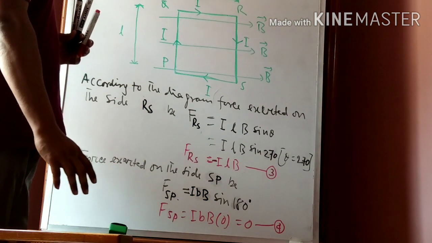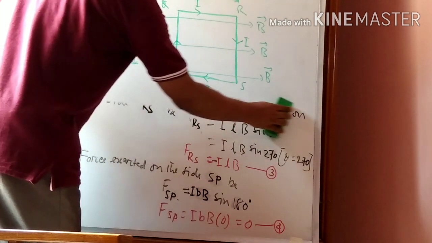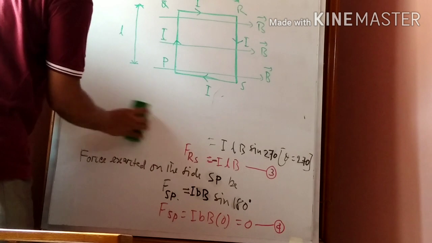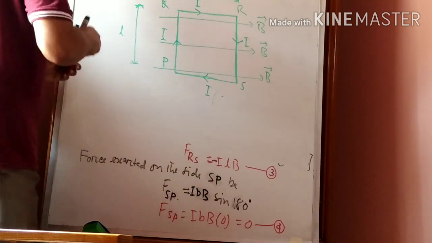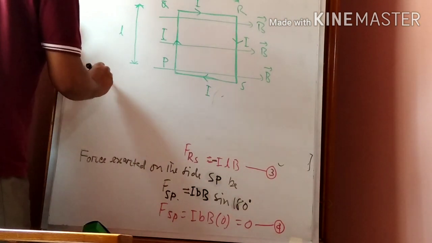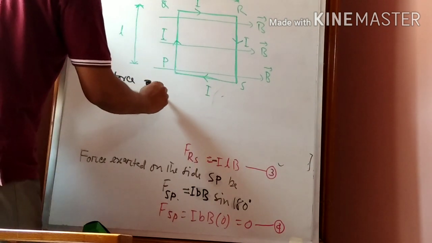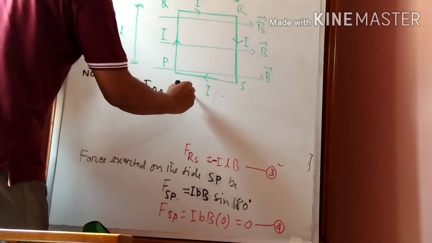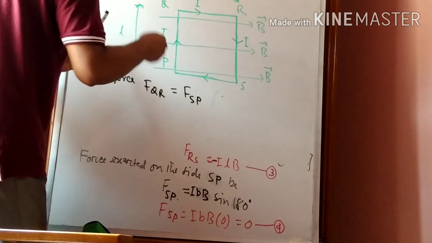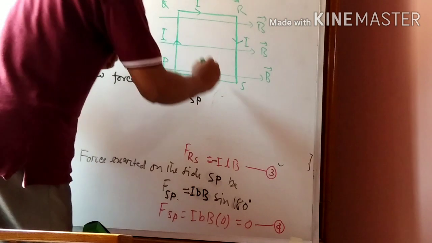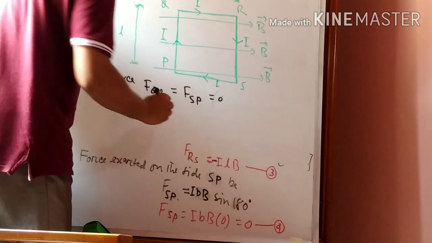That's why I write here now, force F_QR equals F_SP equals 0.